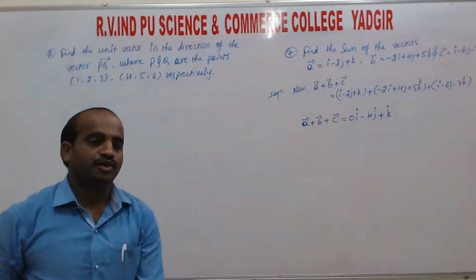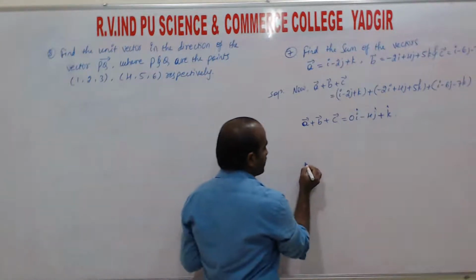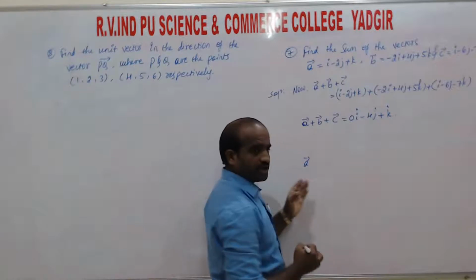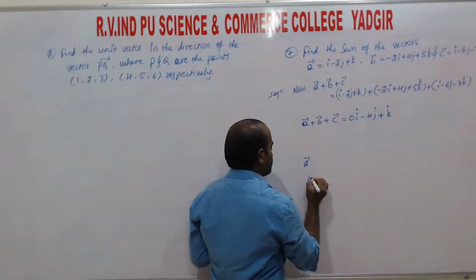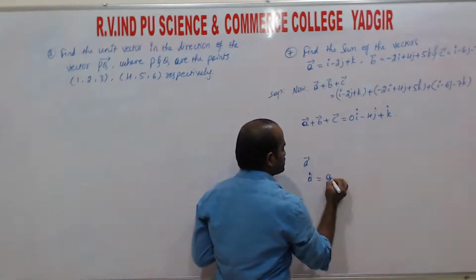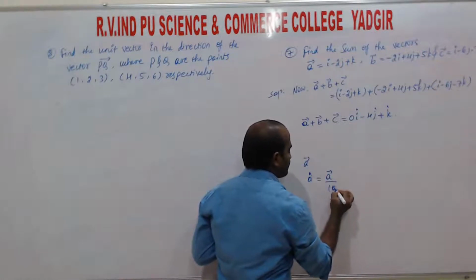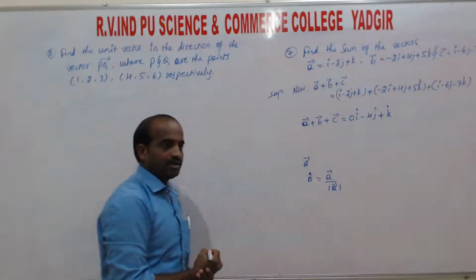Find the unit vector in the direction of the vector A. The unit vector is given by A cap equal to A vector divided by magnitude of A vector.